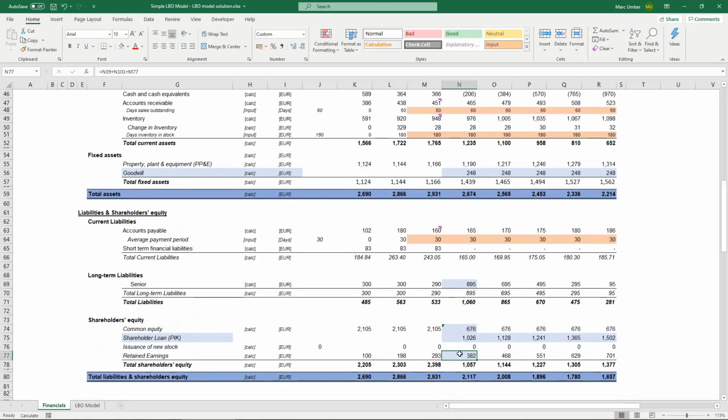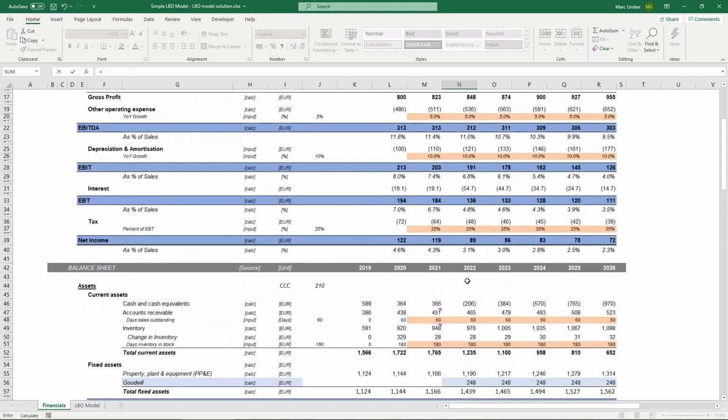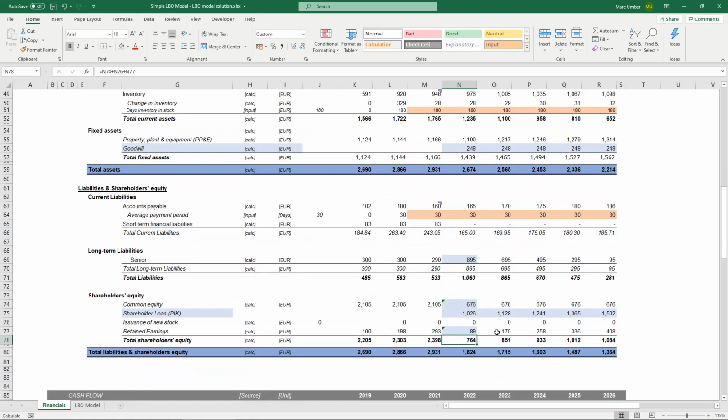Our retained earnings will also be reset due to the full recapitalization. And a reset means that we will retain earnings in the year 2022 in the amount of 89. And we will then again accrue retained earnings accordingly. Let's make sure that we capture everything that is equity here. We need to correct these figures.